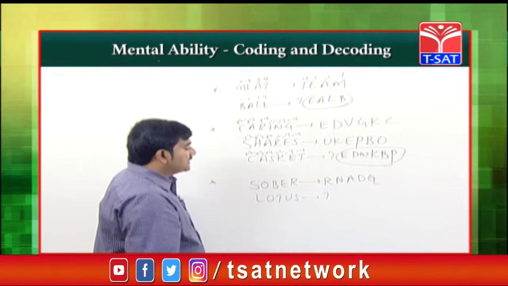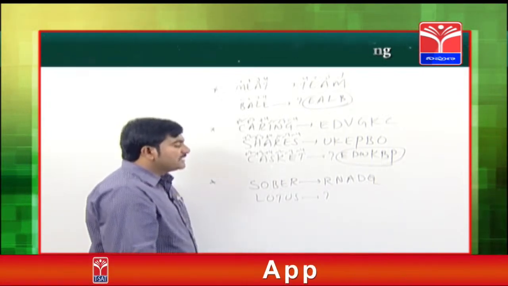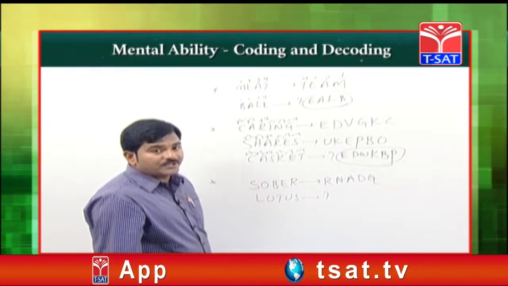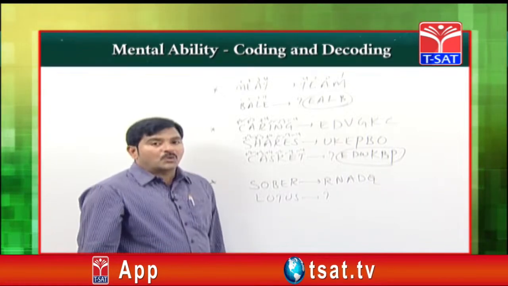If you observe this one, in a certain code language SOBER is written as RNADQ. Then what is the code for the given word lotus?